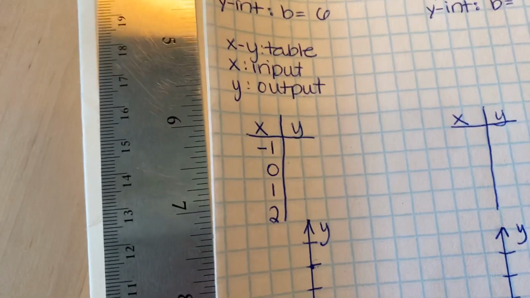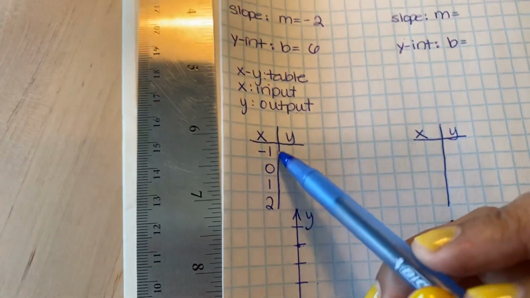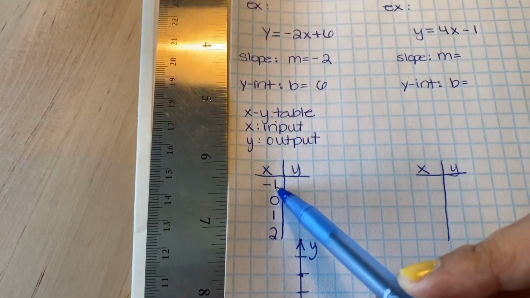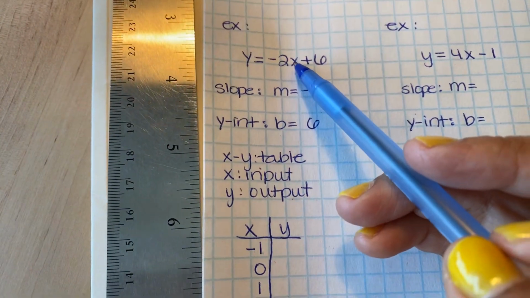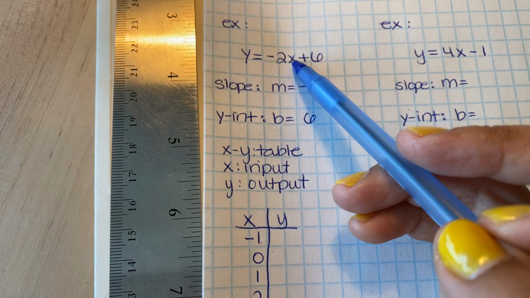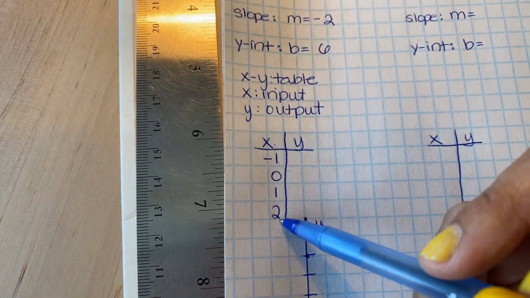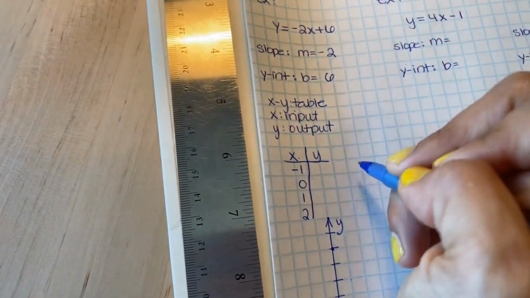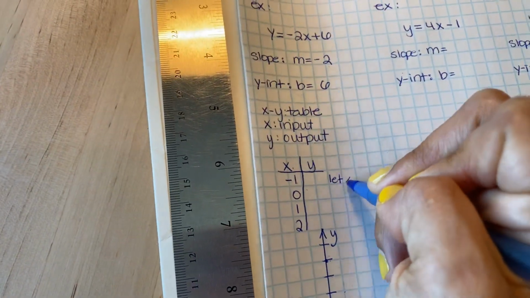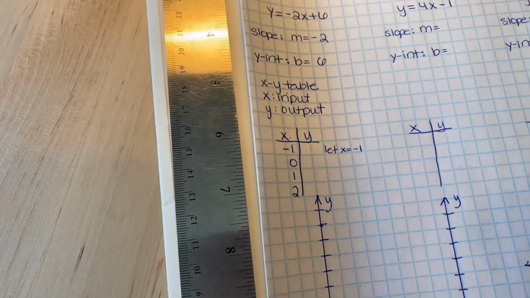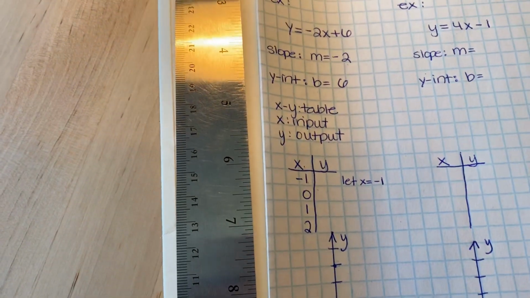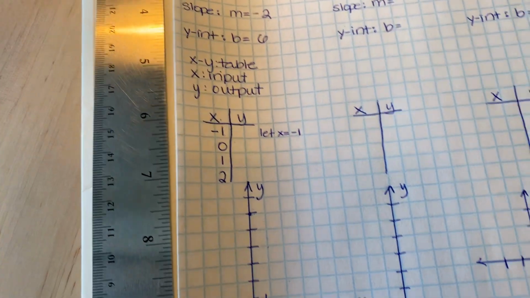Okay, so here's what we would do. We would take x equal to -1 and substitute it into this x variable, because remember, here's the variable x, and these are the numbers that we're allowed to substitute. So if I let x equal -1, I should have put way more paper.